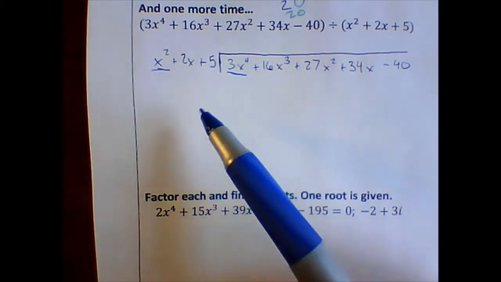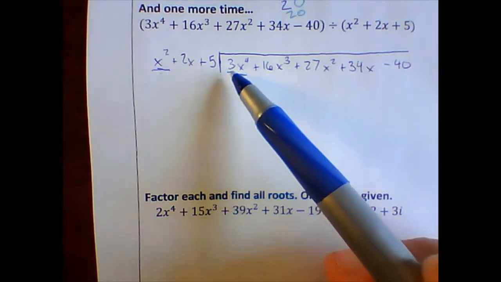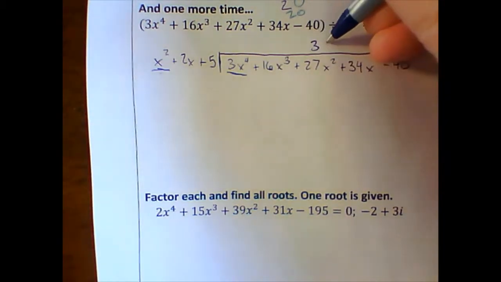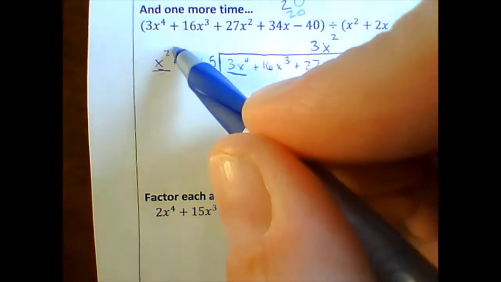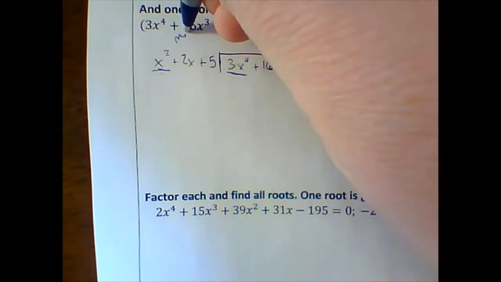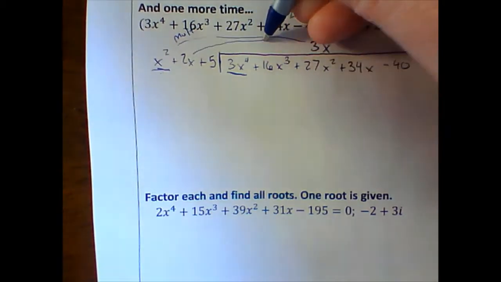So x squared, how do I make it 3 and x to the 4th? Well, for the x squared to become x to the 4th, I need 2 more x's, so that's another x squared. And for a hidden 1 to be a 3, you need another 3. Okay? And keep in mind, we are multiplying. Once you've got the thing on top, a lot of people get stuck, and they're like, I forgot what to do with that thing on top.